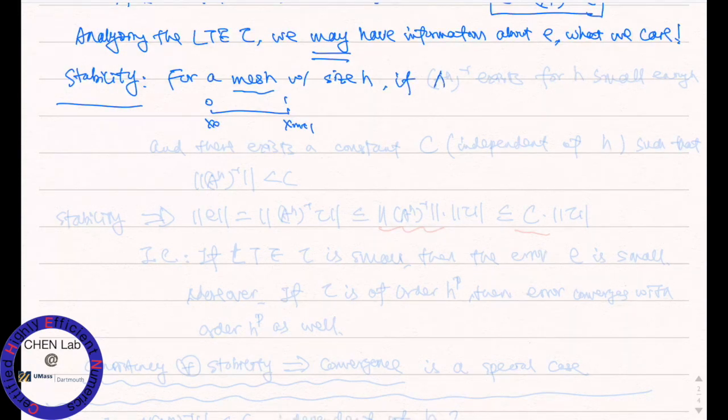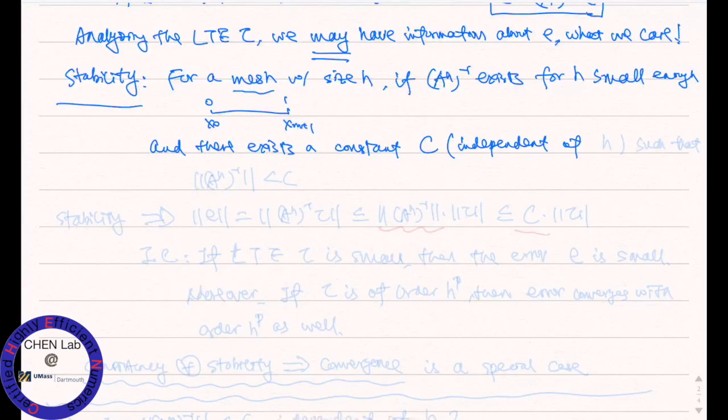If A_H inverse exists, so that matrix should be invertible, for h small enough, and there exists a constant C, by constant we mean it is independent of h.